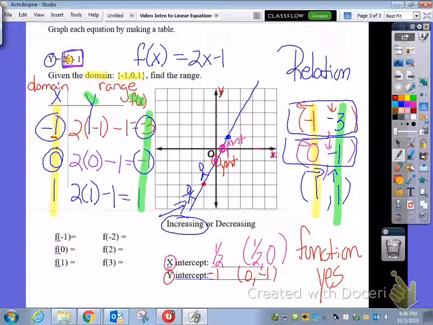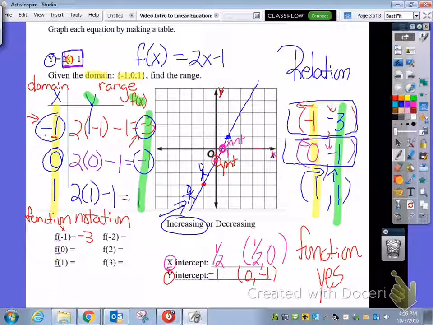Since it's a function, I can do function notation. That's what this is. So if it is a function, you do function notation. Remember, f of -1, that is your x. So f of -1, when I plug in a -1 for x, what did I get for my answer? -3. So f of -1 is -3.